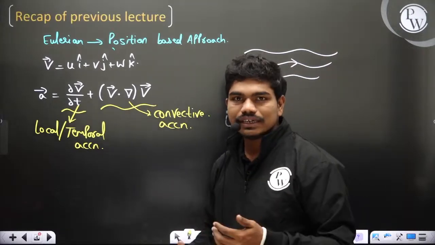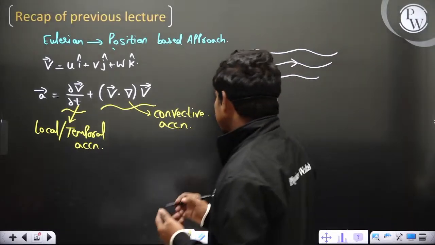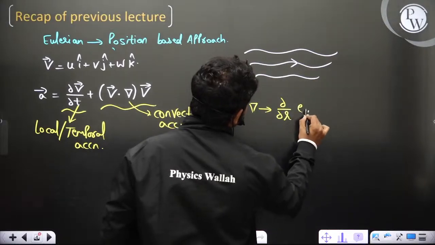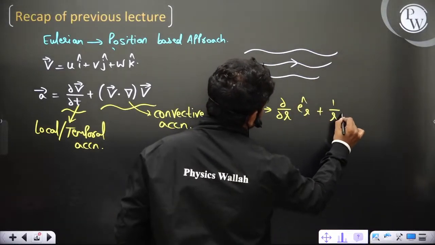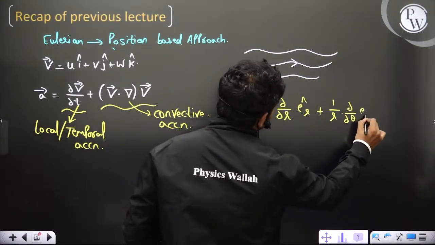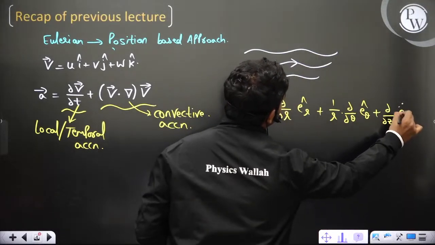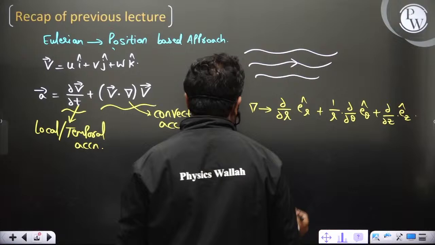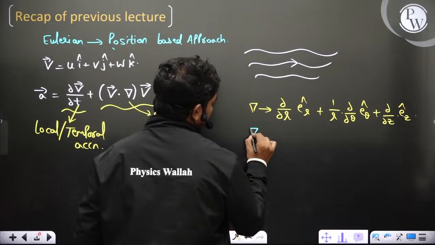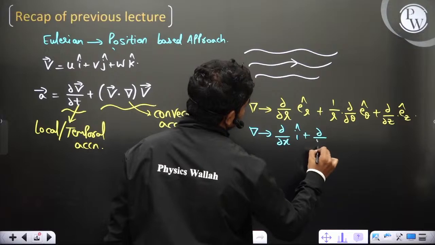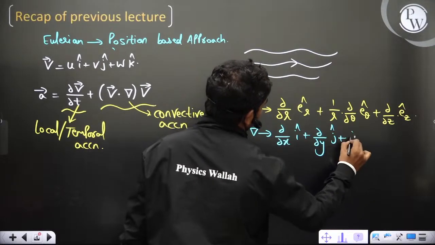So we have seen in polar coordinates, this gradient operator del is dou by dou r e_r cap plus 1 by r times dou by dou theta e_theta cap plus dou by dou z e_z cap. And in Cartesian this del can be written as dou by dou x i plus dou by dou y j plus dou by dou z k.